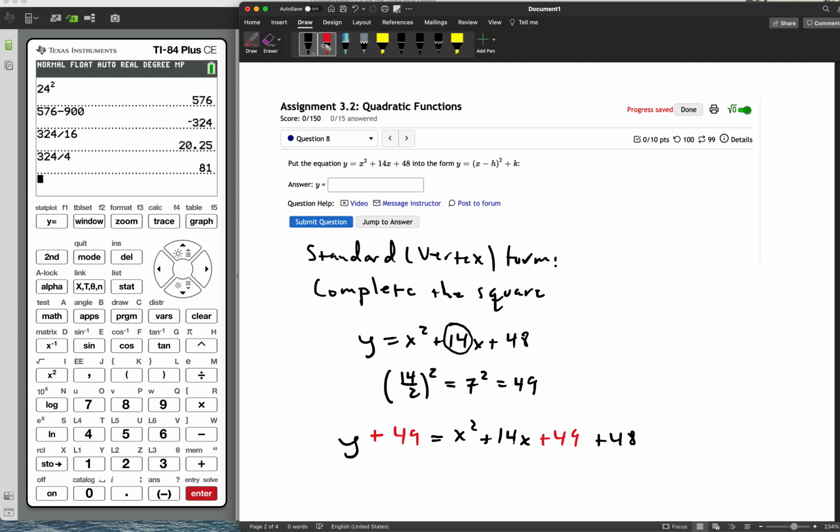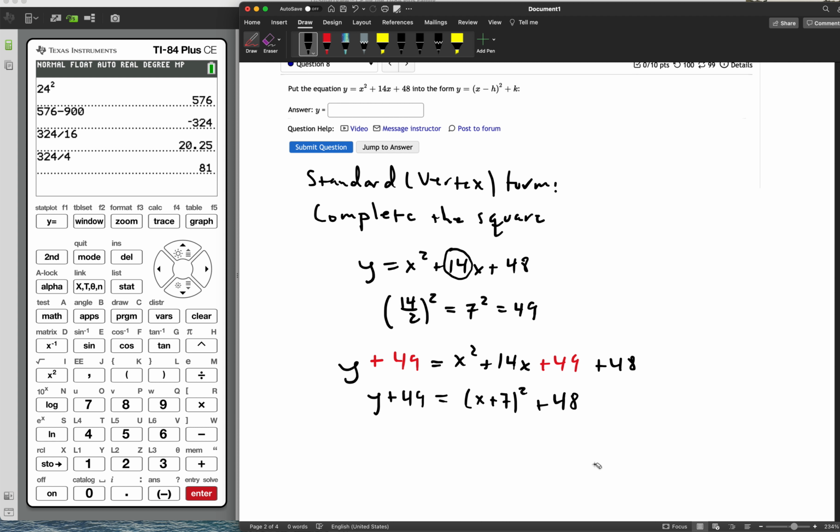Now, on the right-hand side, you'll notice that the trinomial factors as a perfect square trinomial. x plus 7, quantity squared, plus 48. And finally, we can subtract 49 from each side to solve for y. So y is equal to x plus 7 quantity squared minus 1.